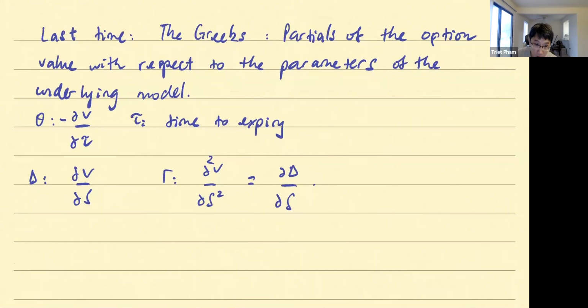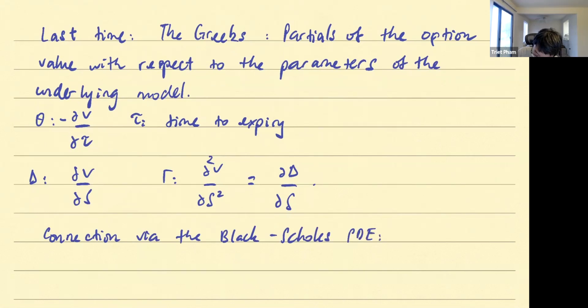The point we were interested in from last time is that there is a connection between these three quantities via the Black-Scholes PDE, which says minus RV plus V sub t plus V sub x, R times S, plus 1/2 V sub xx sigma squared S squared is equal to 0.